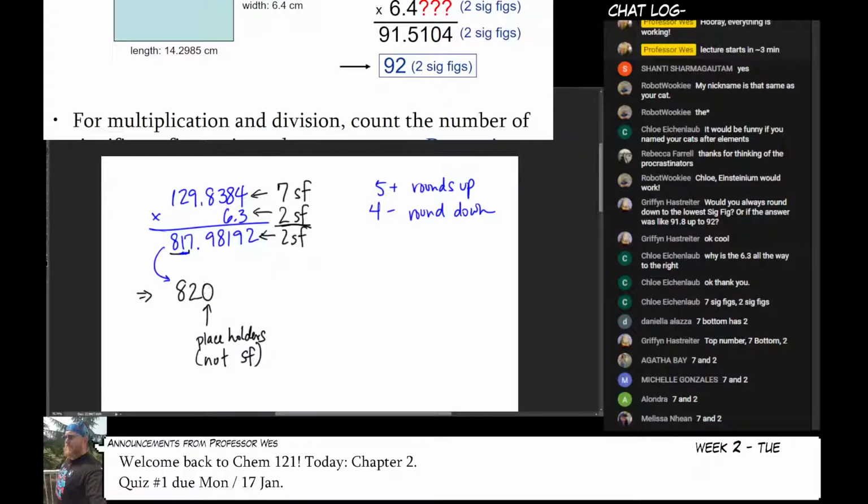So be careful when you round to an appropriate number of sig figs, because it's very easy for people to just follow the rules blindly, and then you get to this part where you're like, oh, I have to add a 0? Yeah, you do, because you want the magnitude of the answer to be relatively the same after you're done rounding it, right?